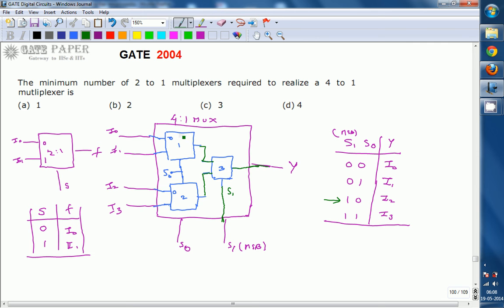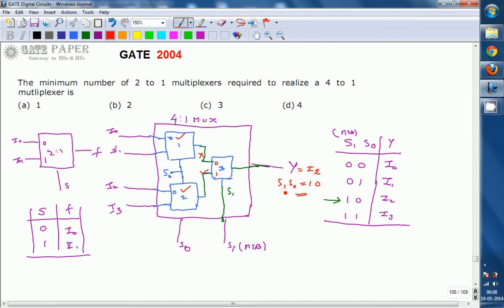S0 is 0, so I0 of this one is selected and I2 of this one is selected. Both are available across these two lines. But the S1 value is 1, so of this 0 and this 1, this one will be selected. So Y will be equal to I2 whenever S1 S0 is equal to 1 0.